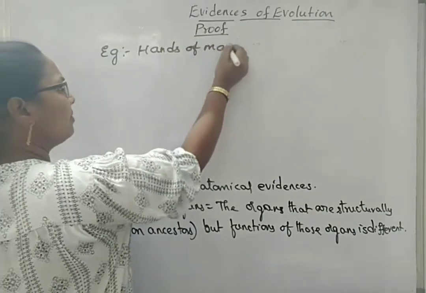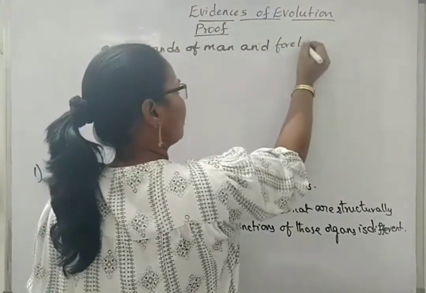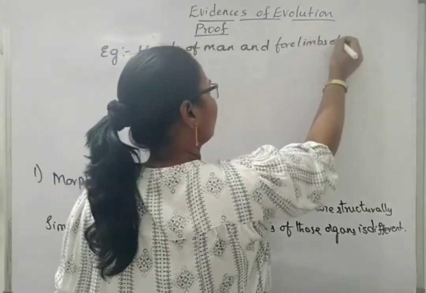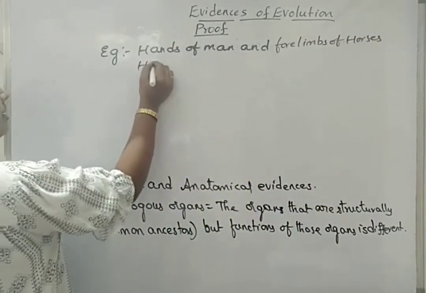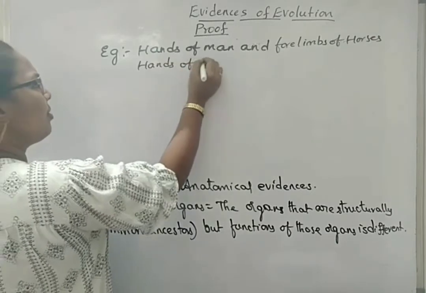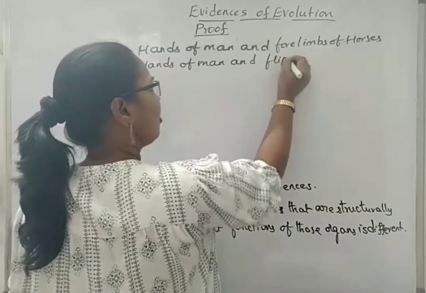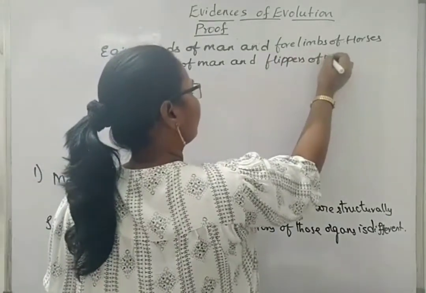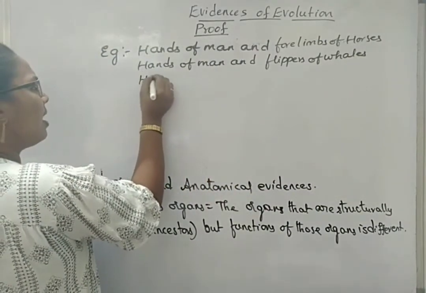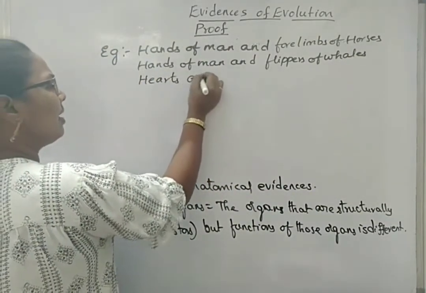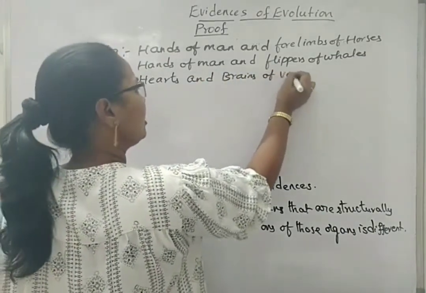First, hands of man and forelimbs of horse. Another example, hands of man and flippers of whales. Third example, hearts and brains of vertebrates.